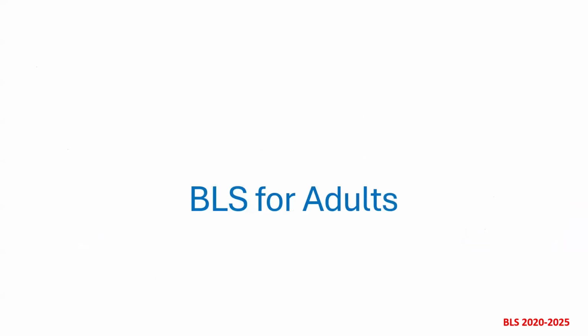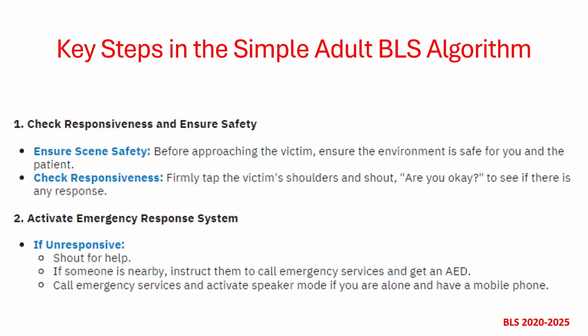First, we'll talk about BLS for adults. Number one, check responsiveness and ensure safety. Ensure the scene is safe. Before approaching the victim, make sure the environment is safe for you and the patient. For example, if the patient had an accident, you need to remove them from the traffic to the side.